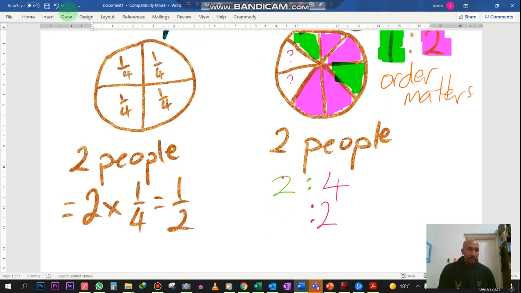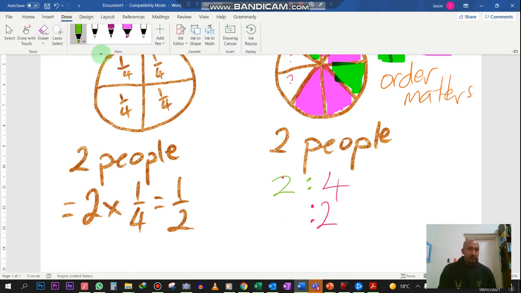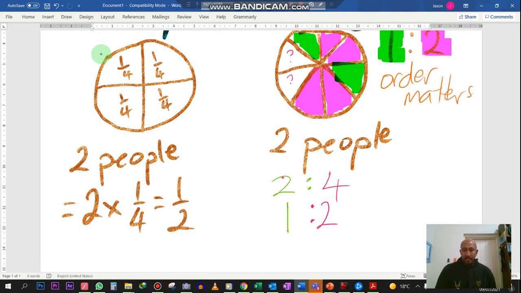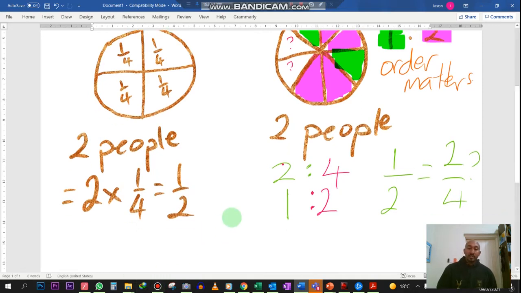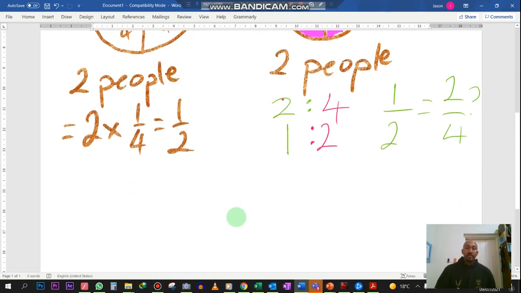And if you think about it, knowing equivalent fractions, is 1/2 equal to 2/4? Yes, it is. We can see that 1/2 is half of 2/4, or 2/4 is twice the size of a half.